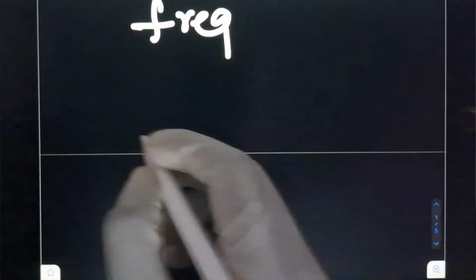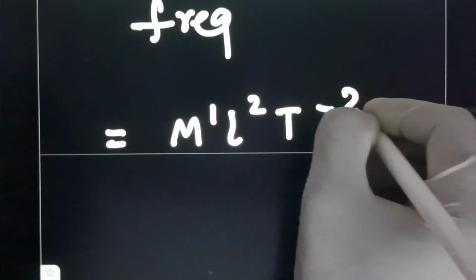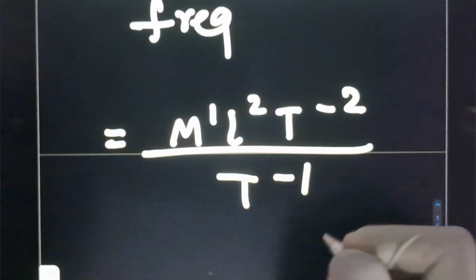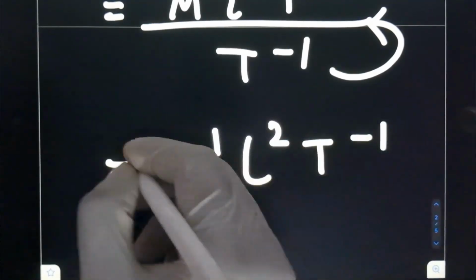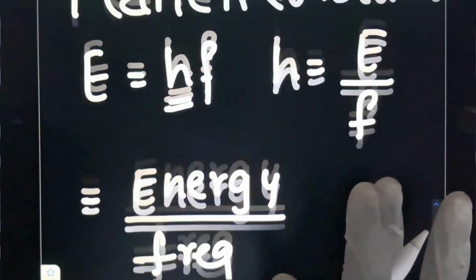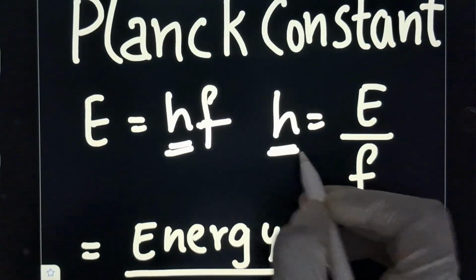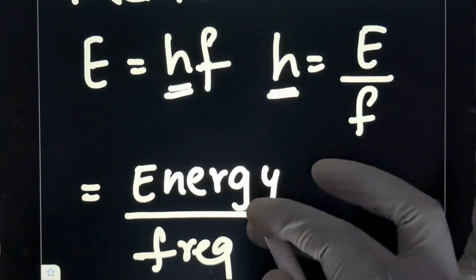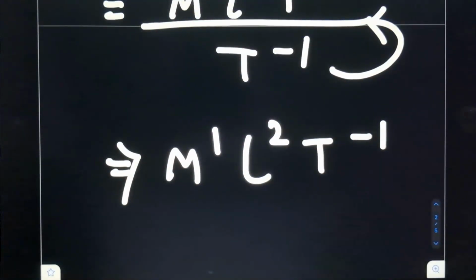Energy dimensional formula is M^1 L^2 T^-2 by frequency T^-1, the inverse of time period. Here we get M^1 L^2 T^-1. It is the Planck constant dimensional formula. Substitute the energy dimensional formula by the frequency, and we get the answer.